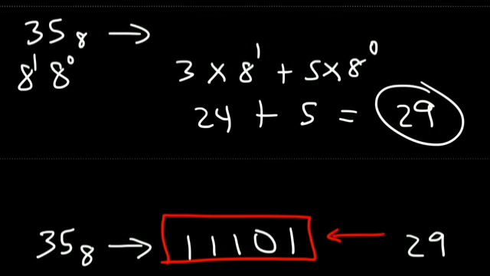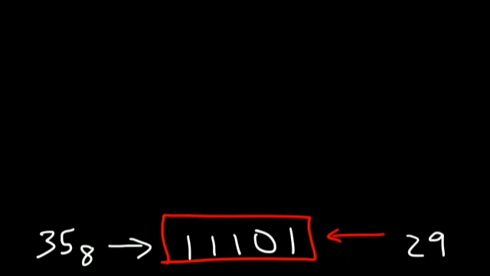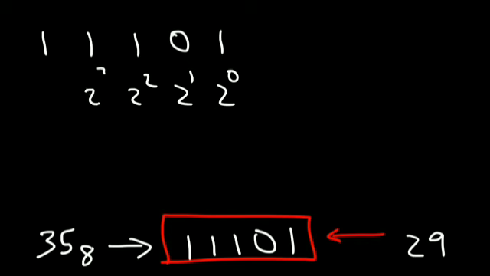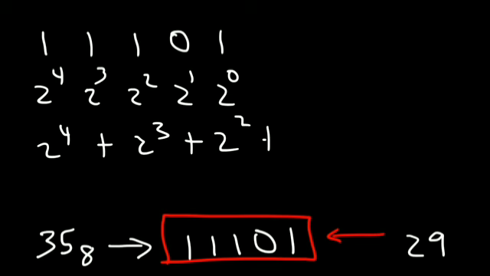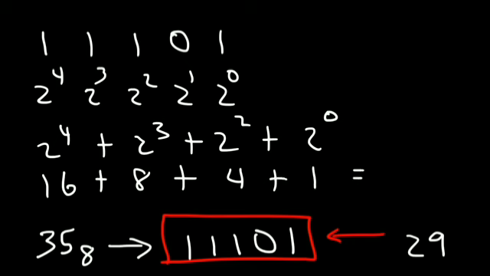Now, to convert the binary number into a decimal value, here's what you need to do. The first digit we multiply by 2 to the 0, the second by 2 to the first, and then 2 squared, 2 to the third, and 2 to the fourth. So we have 2 to the fourth plus 2 to the third plus 2 squared, and then 0 times 2 to the first power is 0, and then we have 1 times 2 to the 0. 2 to the fourth is 16, 2 to the third is 8, 2 squared is 4, and anything raised to the 0 power is 1.